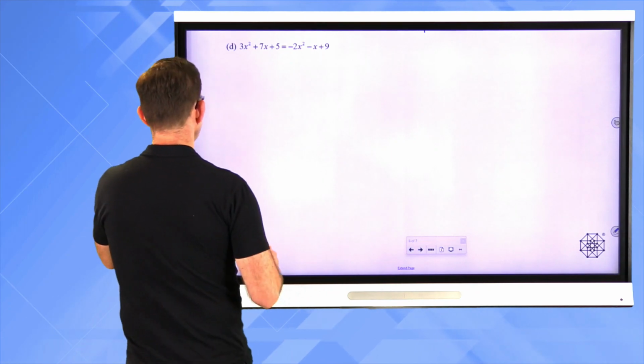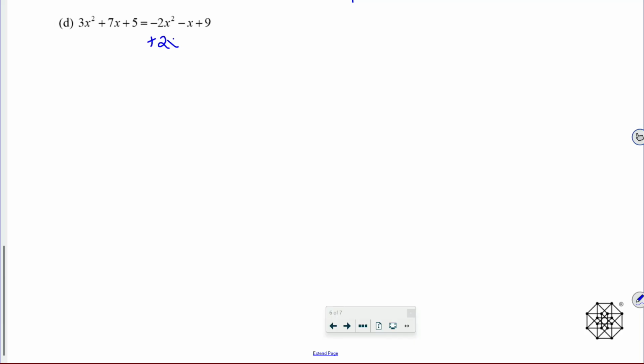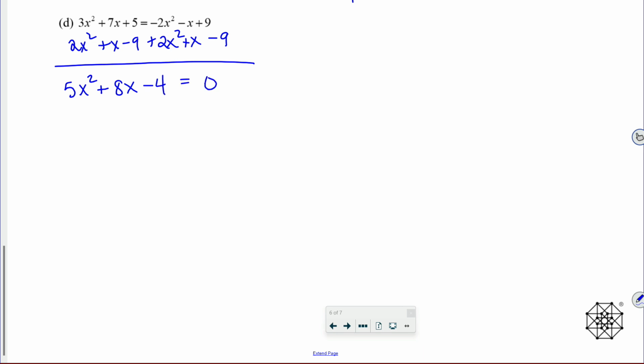Let's start with that. Here we go. 2x squared plus x minus 9, 2x squared plus x minus 9. That's going to give me 5x squared plus 8x minus 4 is equal to 0.